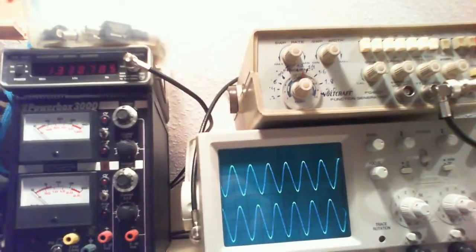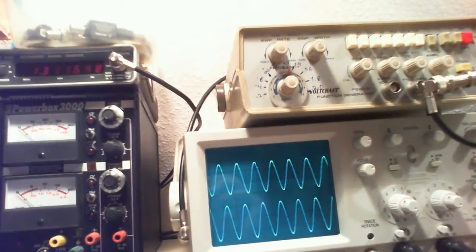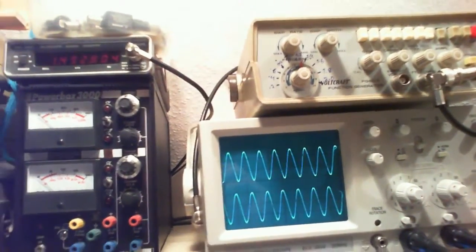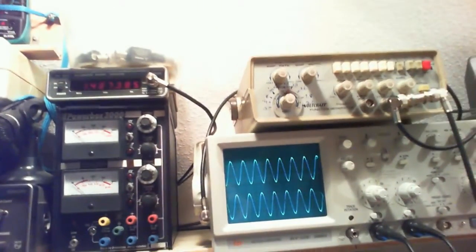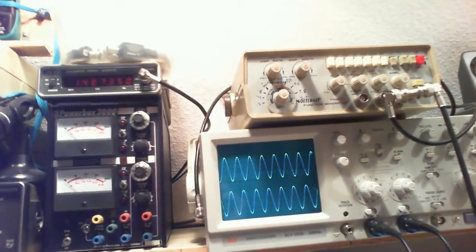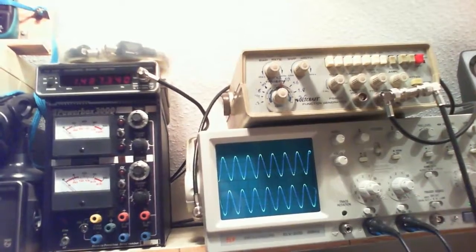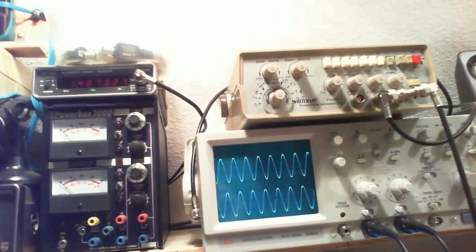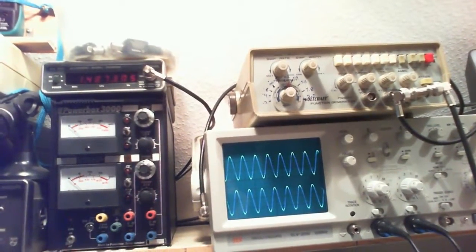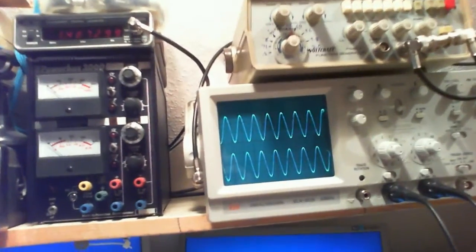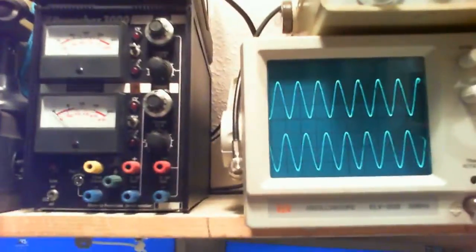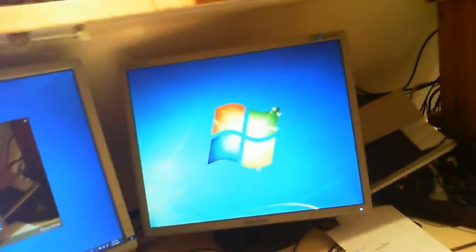You see what happens at about 1.3, 1.4 megahertz: it's going down. Now if I were to look for the maximum amount of output except for the peak, let me put this camera on this stand.